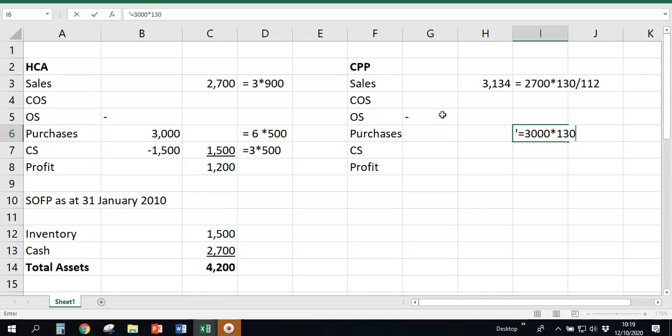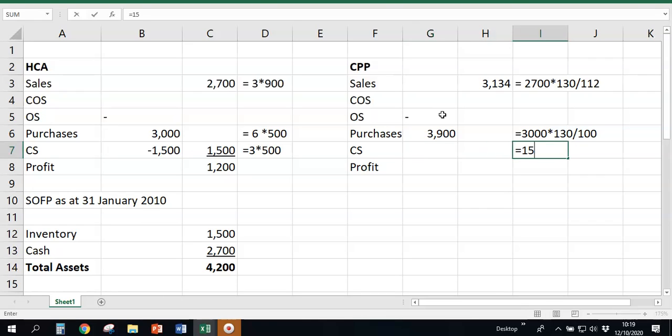You multiply by the 130 and you divide by the index when it was there. So the index was there at 100 because you purchased it on the 1st of January. So the actual purchases now are 39. That's an important one. And same with the closing inventory.